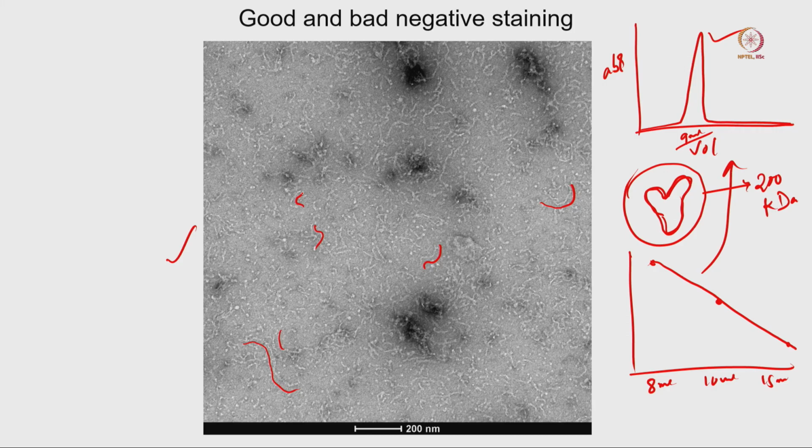So from this negative staining experiment, we can tell whether the protein has the proper morphology or not. Now if you look at this image, you can see there is a black patch here, another black patch here, and some more black patches coming in this area.